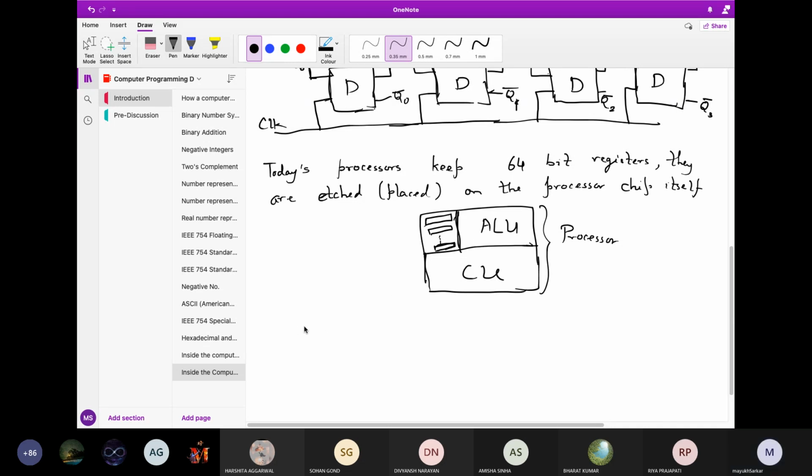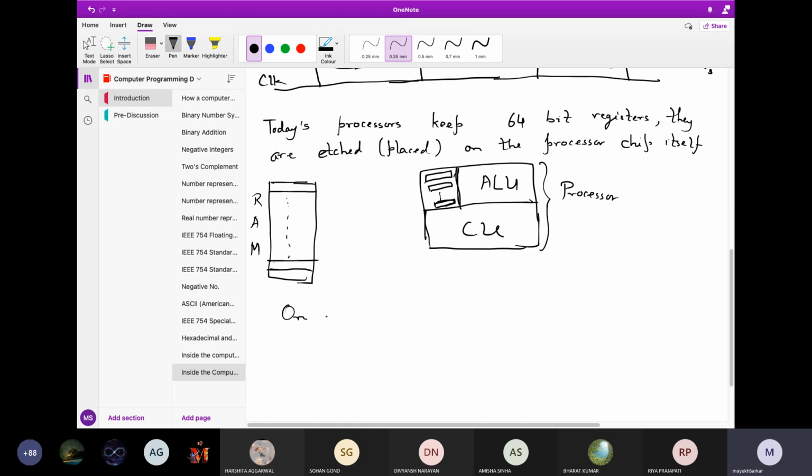Now, let me keep the memory here as well. Suppose this is the RAM. If you remember, RAM has multiple rows in it. On a 64-bit processor, the registers are 64 bits.